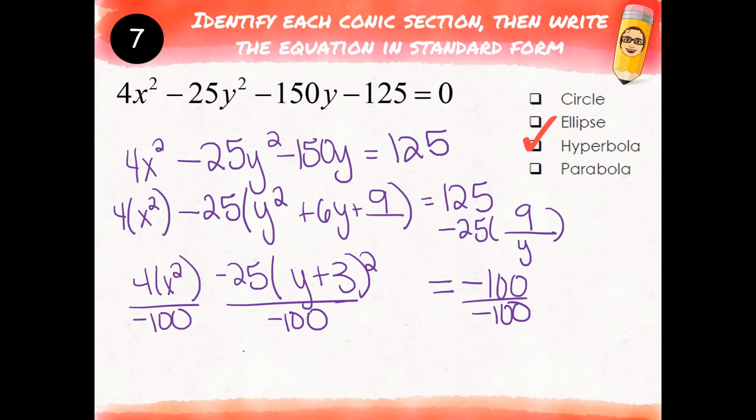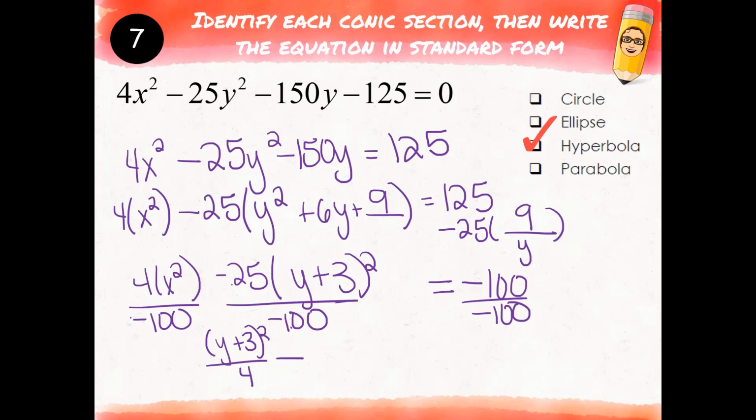Now, here's the unfortunate thing. Notice, this is going to be the negative, and this is going to turn into positive, right? Because negative 25 over a negative 100 is a positive number. 4 over negative 100 is a negative. So even though the y was negative to start out with, it changed sign on me. So I do have to flip this thing around. I do need the y to be first in my answer. And that's going to be over 4. That is because of 25 over 100.